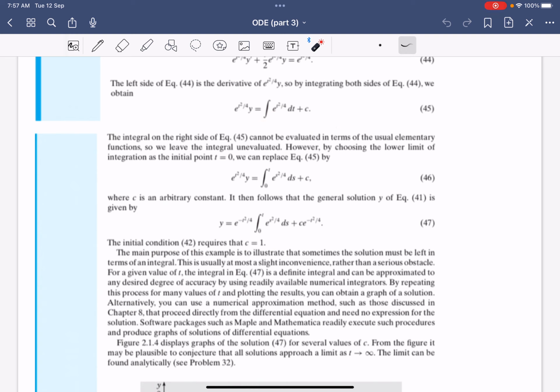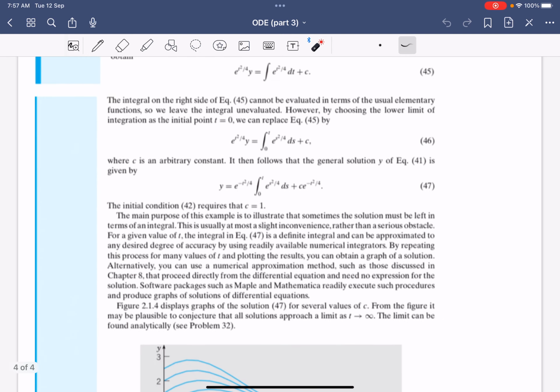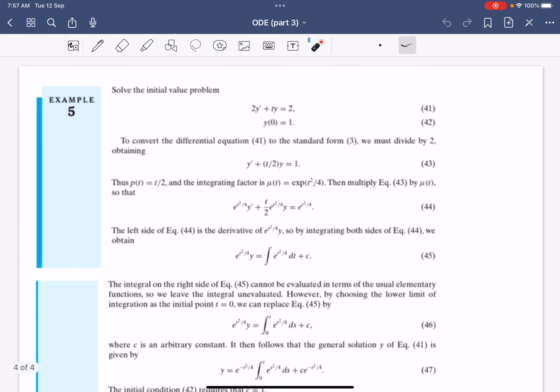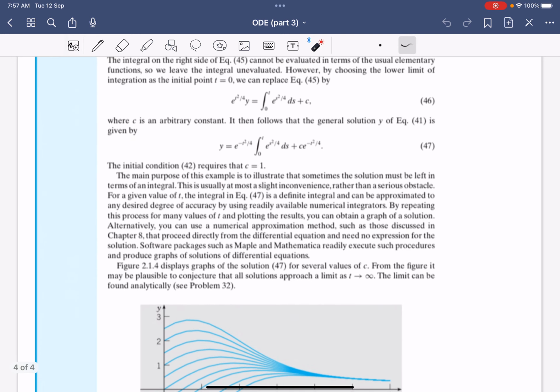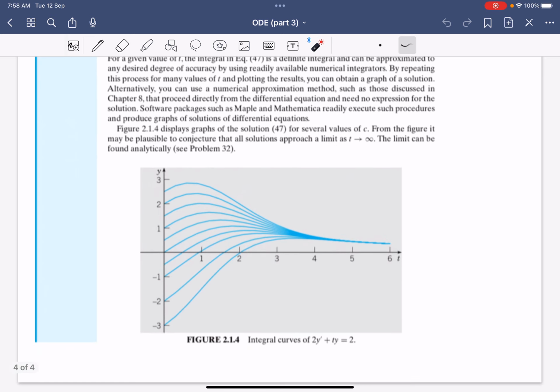If we want any values, then we just substitute in the initial condition and we'll be okay. This example just illustrates that the solution may sometimes be left as an integral, and there might not always be an explicit solution. But we can use online tools to still plot the graphs of this solution, just to see its behavior.